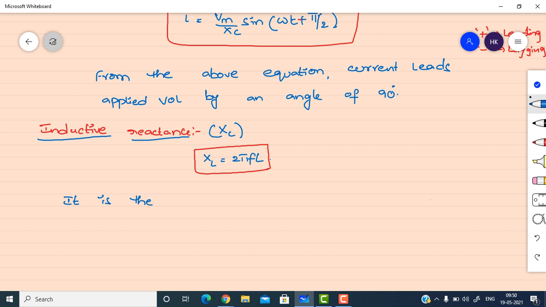Suppose I have an inductor and I am connecting it to a DC supply. Then what about the inductive reactance? Is there any inductive reactance for this inductor in case of DC supply?